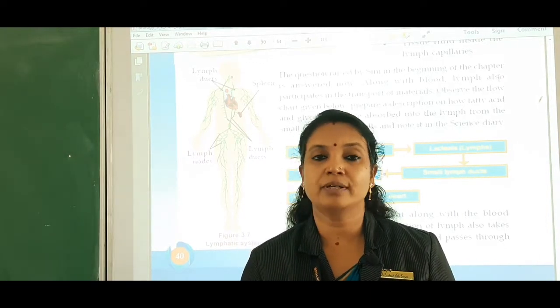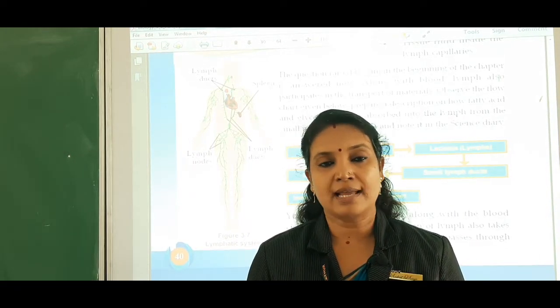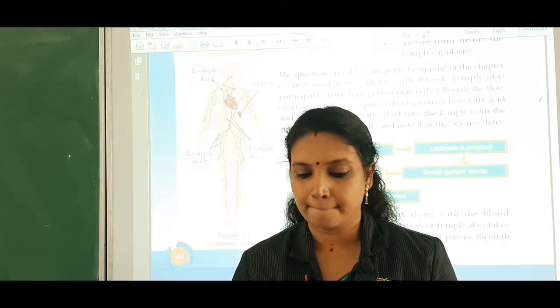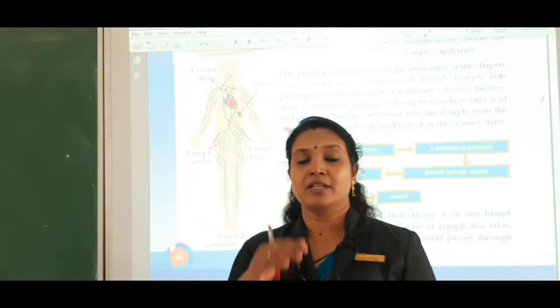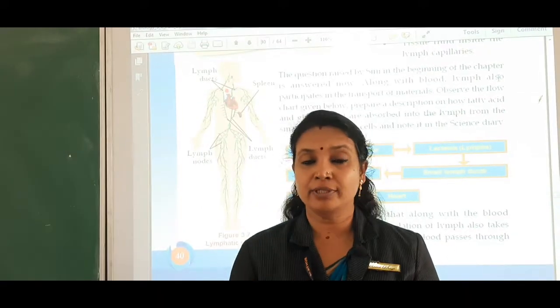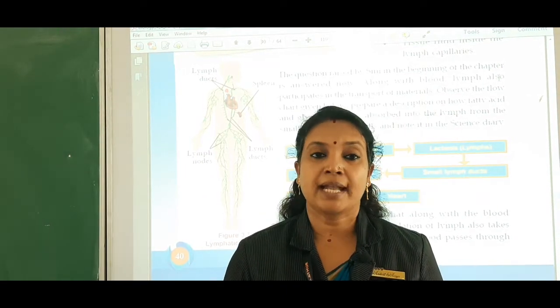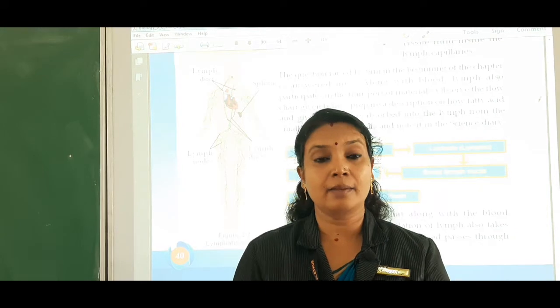It is seen above the abdomen on the right side of the stomach. Okay, sorry, the position of spleen is above the abdomen on the left side of the stomach, and it is the largest organ in the immune system.